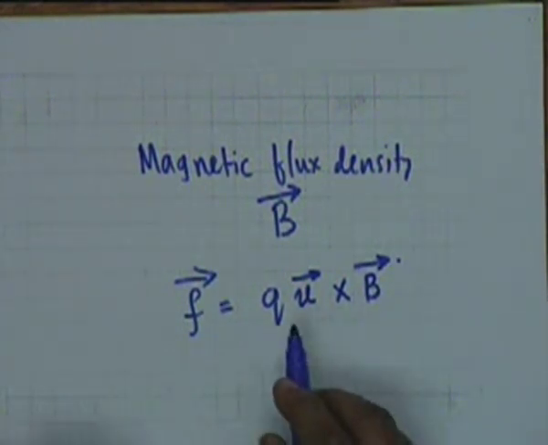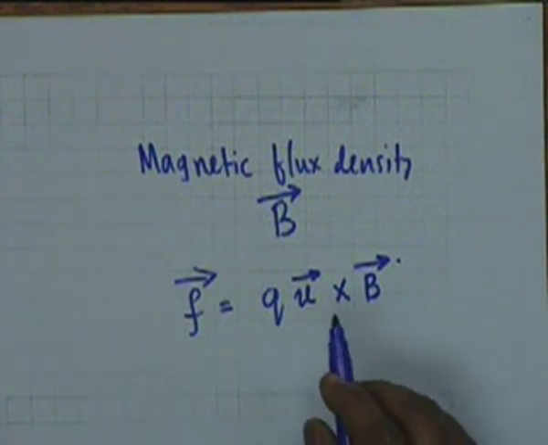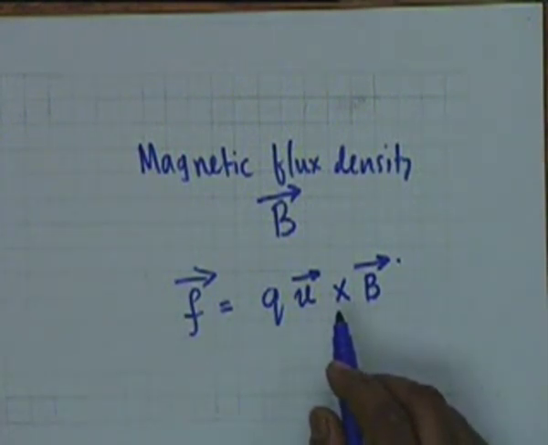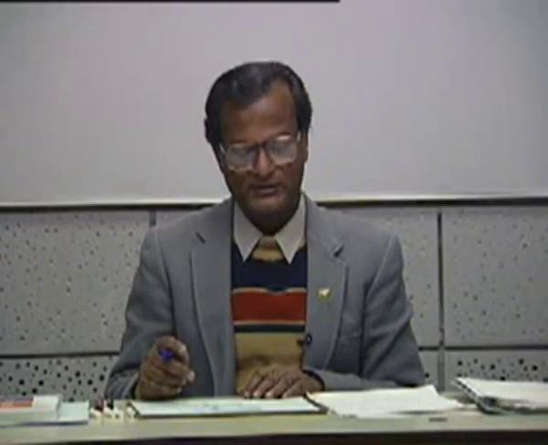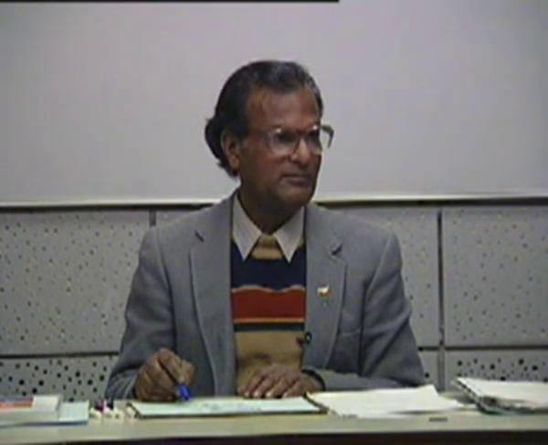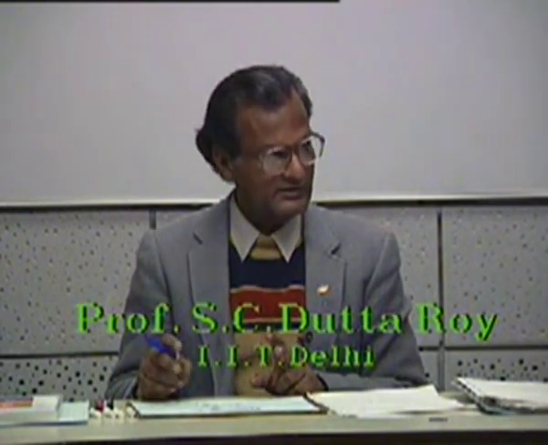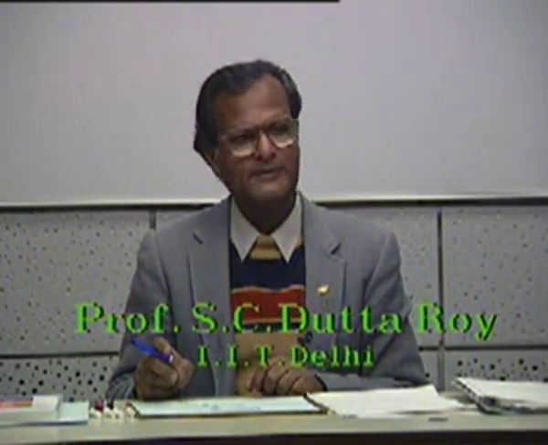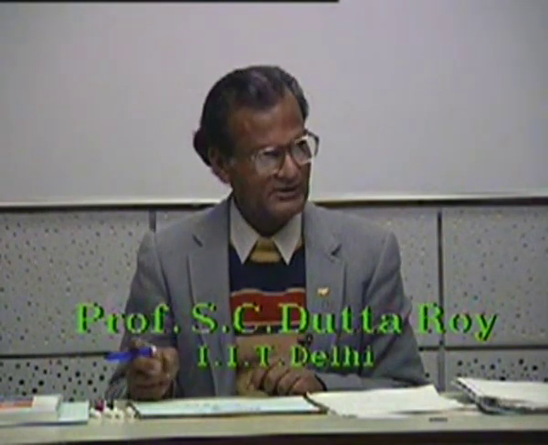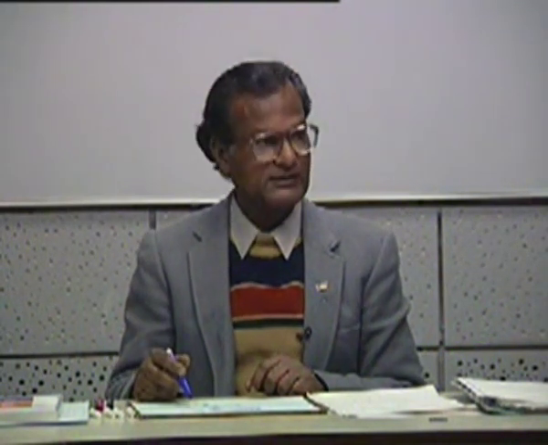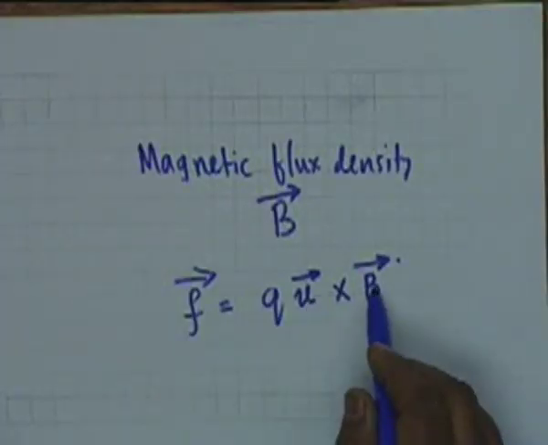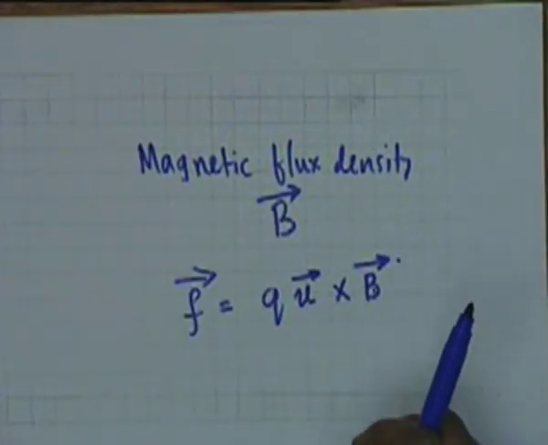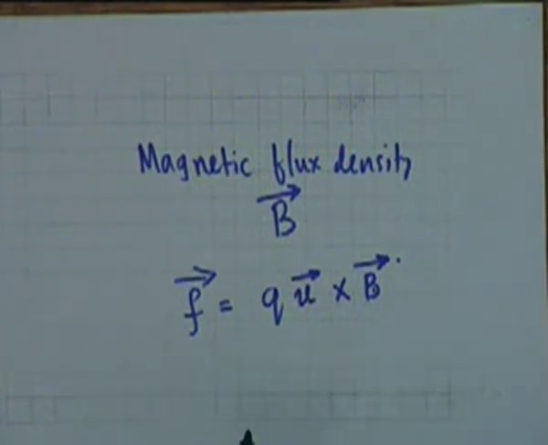Force is equal to charge, q is a scalar, multiplied by the cross product of u and B. The cross product of u and B, the magnitude is the product of the two magnitudes multiplied by sine of the angle between the two, and the direction is perpendicular to the plane containing u and B, following which rule? Right hand rule. All right.